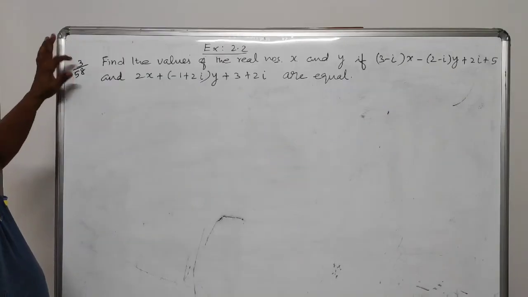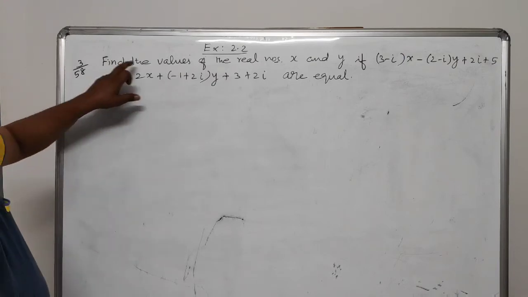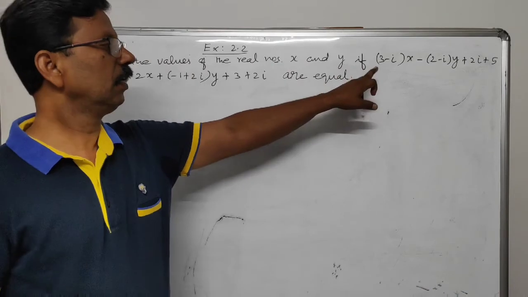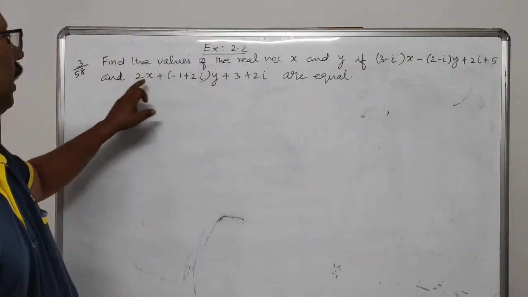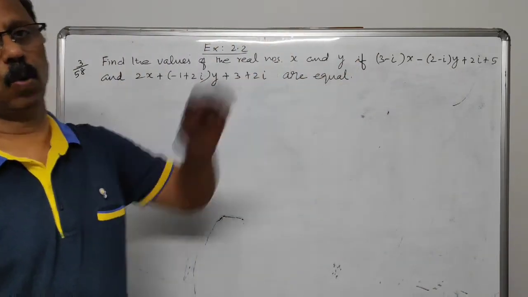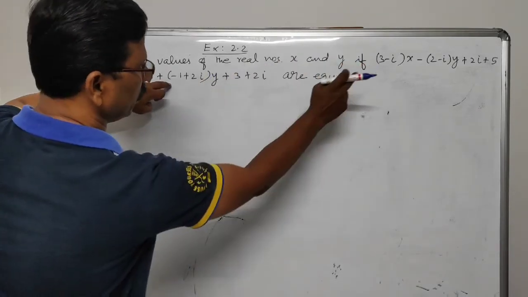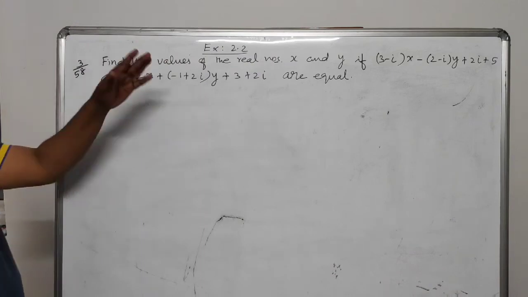See here, the problem of this exercise is 2.2. Find the values of the real numbers x and y if these two complex numbers are equal. Here, with this condition, by equating these two complex numbers, you have to find the values of x and y.